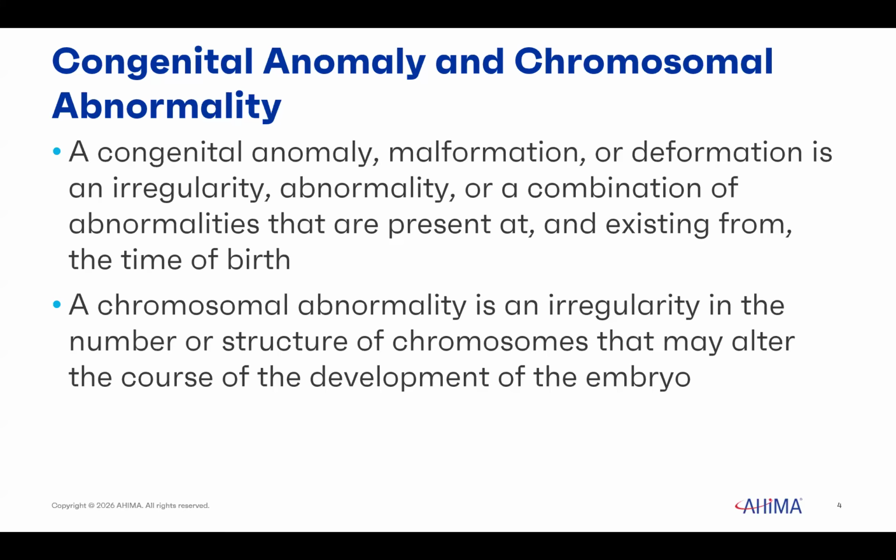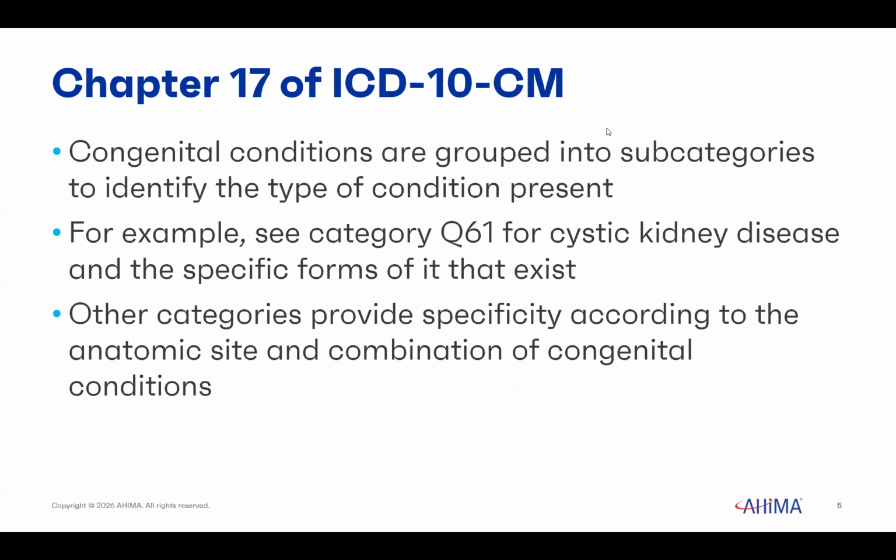An important thing to bear in mind: congenital does not always mean hereditary. Some conditions are inherited, others are not. But if they're present at birth, they belong in this chapter. These conditions are grouped into specific subcategories that identify the type of condition that's present and also identify the anatomic site.